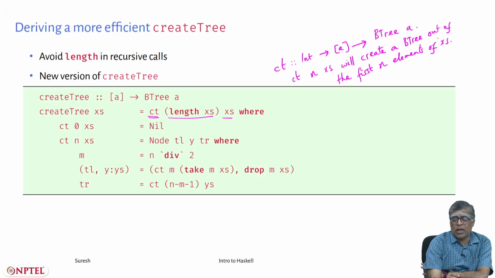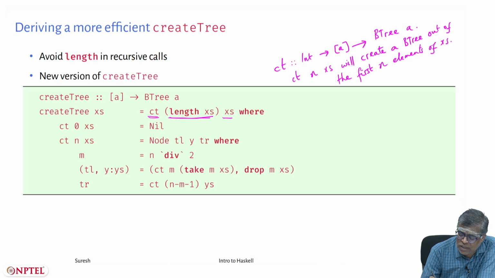If I do that, then I can avoid repeated calculation of length in the recursive calls, because you notice here CT of length xs xs. And now CT of 0 xs is nil, because to create a tree out of 0 elements means the tree is nil.